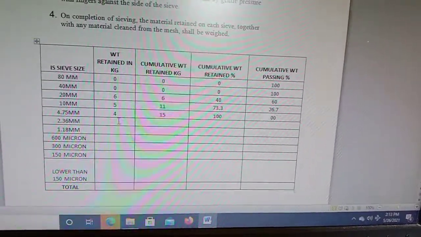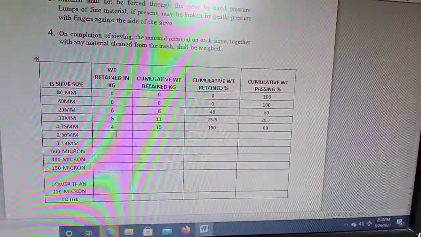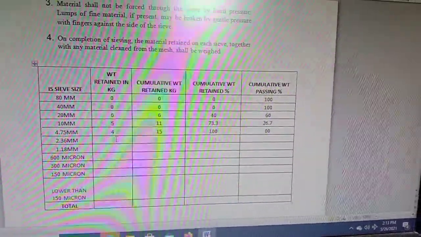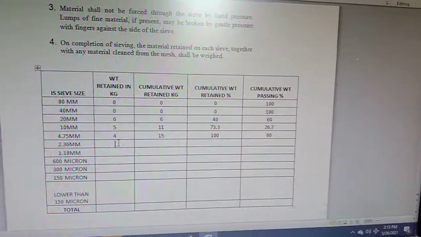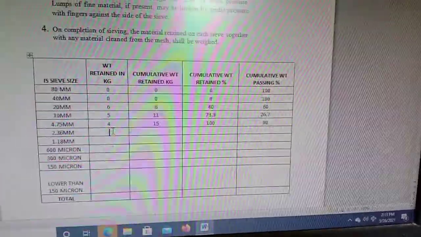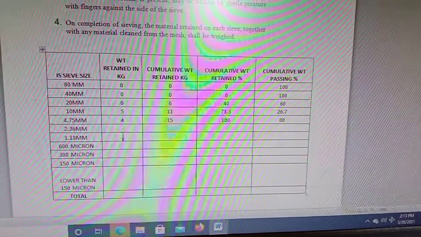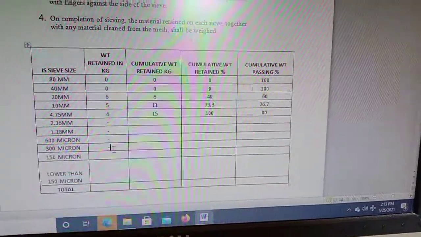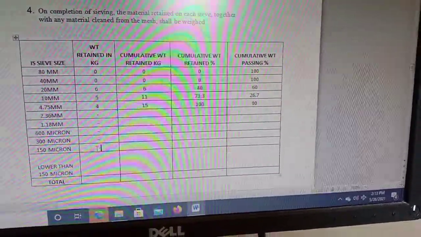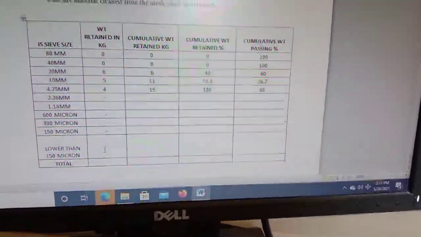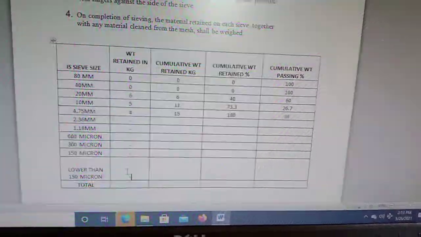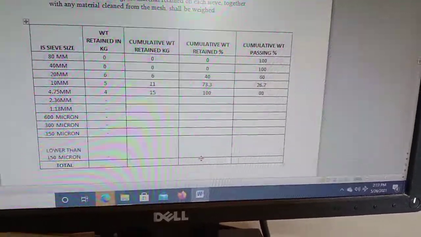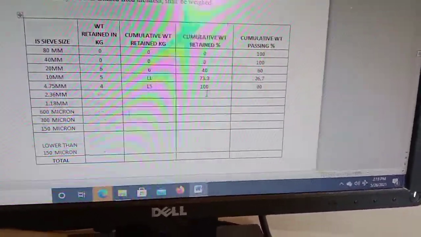Now from here onwards there is no sample because all the sample has been retained till the 4.75 mm sieve, because this is a coarse aggregate sample. So from here onwards, dash. Now the cumulative percentage retained is stored here, 100.